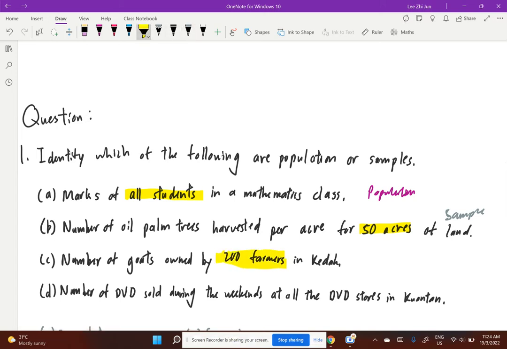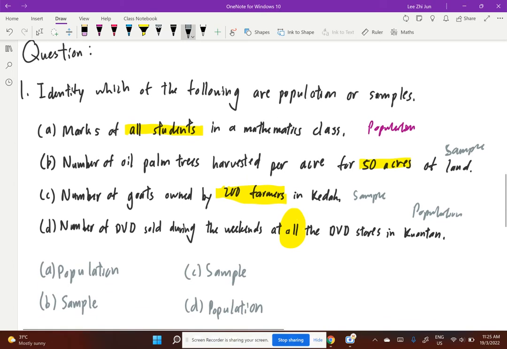You need to measure 200 farmers only, not all, so it's just a sample. And the last one, the number of DVDs sold during the weekends at all the DVD stores in Kuantan. You need to measure all, so it is a wide range, so it will be the population. So here's the answer.